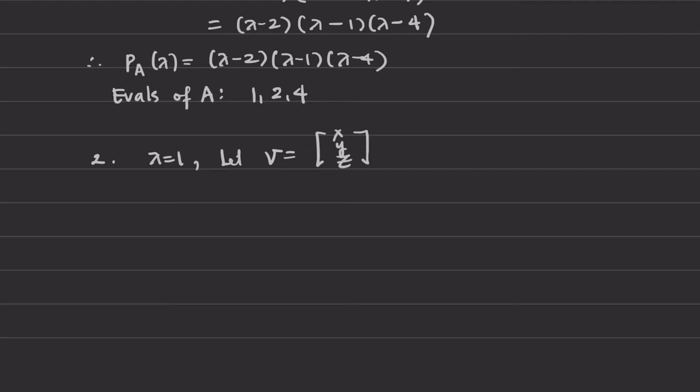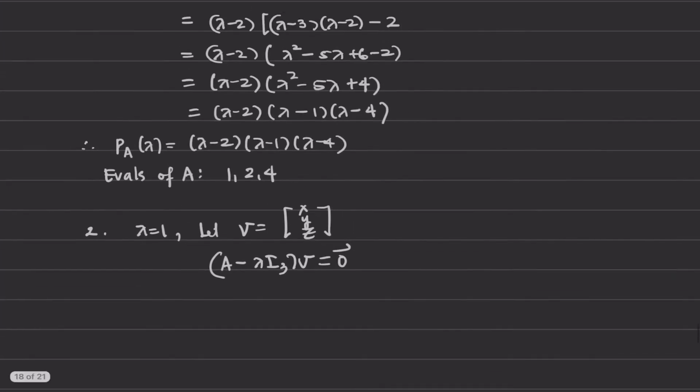Tapos compute natin yung A minus lambda I3 V equal to 0. Force of habit actually. So, ano yung A minus lambda I3? Ano yung I natin? Ang I natin 1.